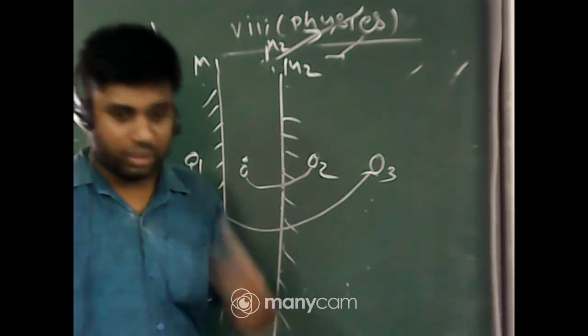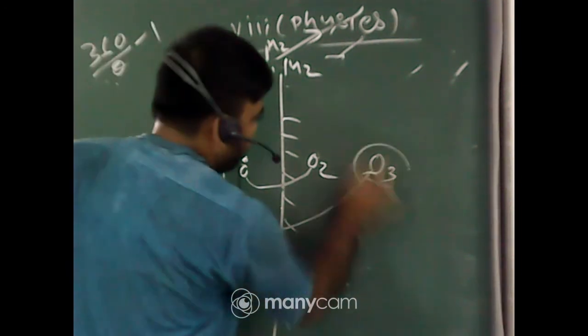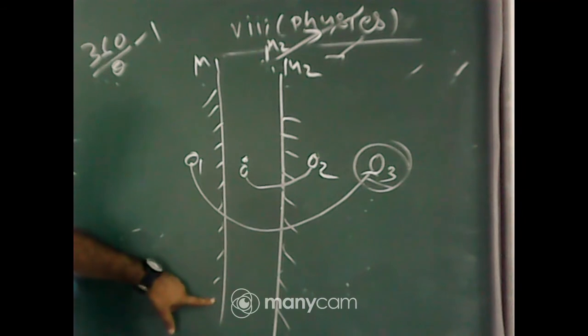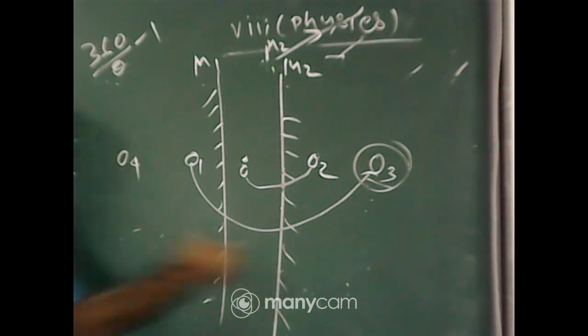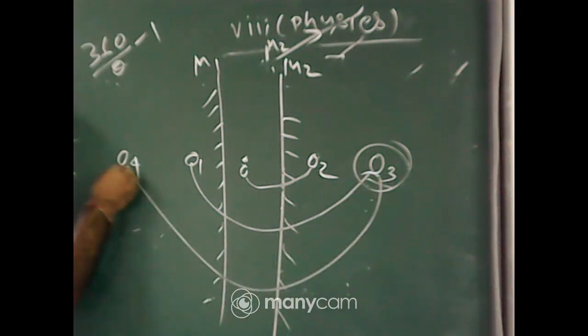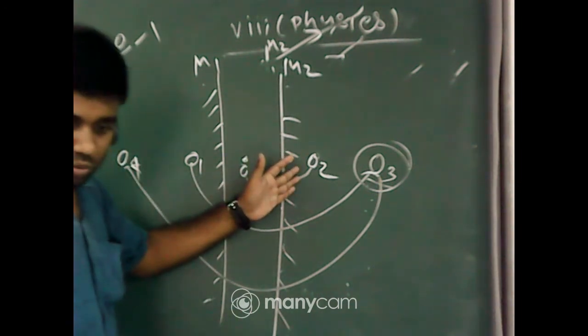Now think another way. O3 is in front of M1, so O3 will form another image here, O4. And again O4 is in front of M2.